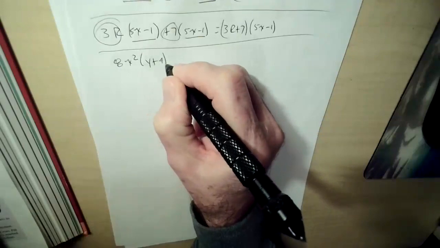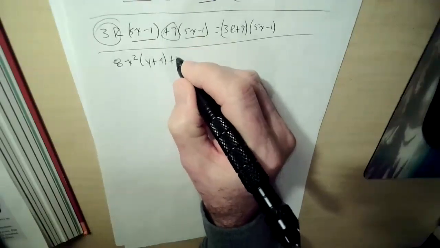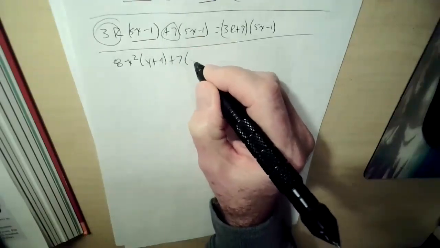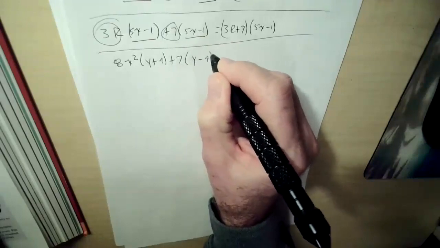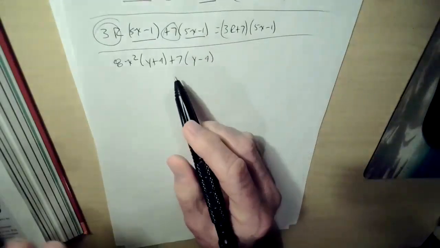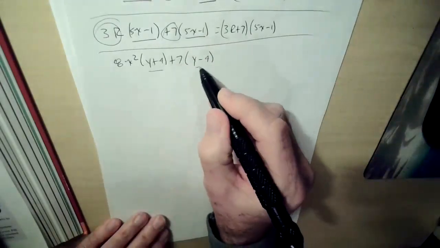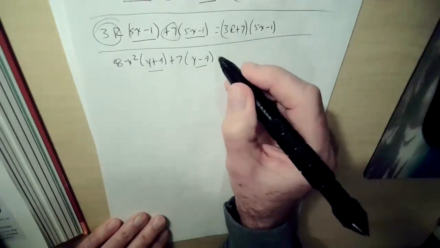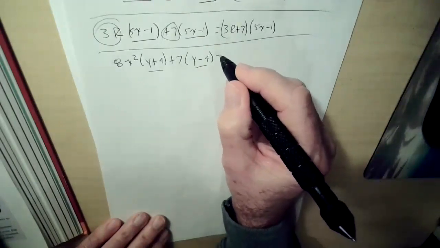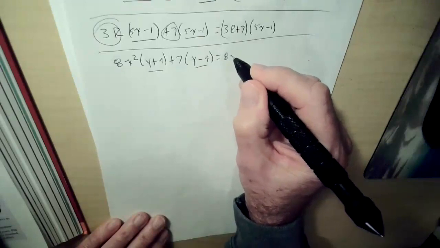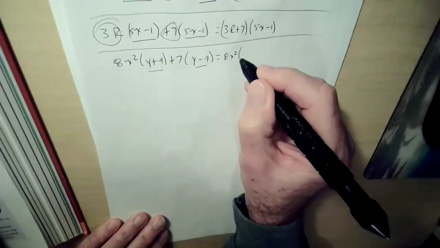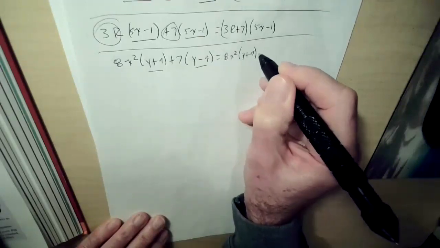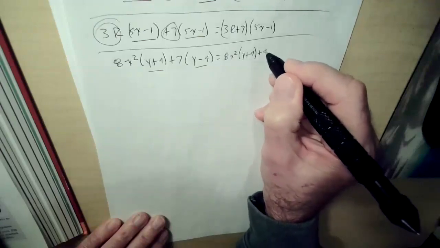Okay, how about this? 8x squared times (y plus 4) plus 7 times (y minus 4). Are these two terms the same? No. So this is not factorable.